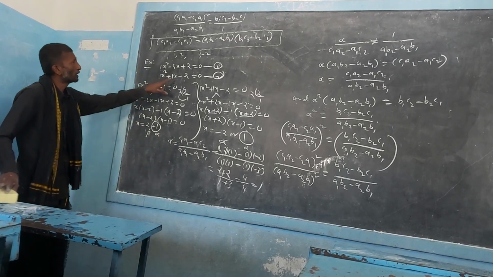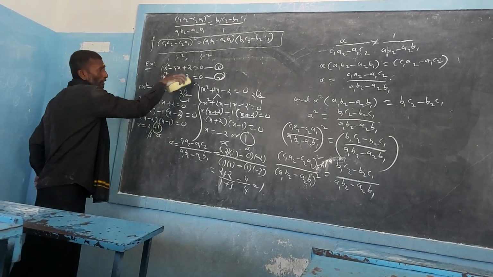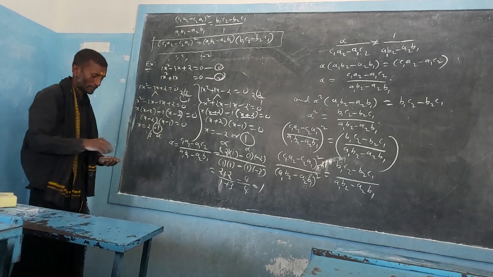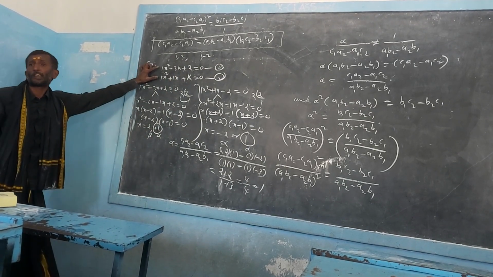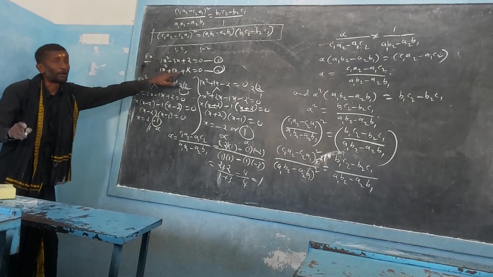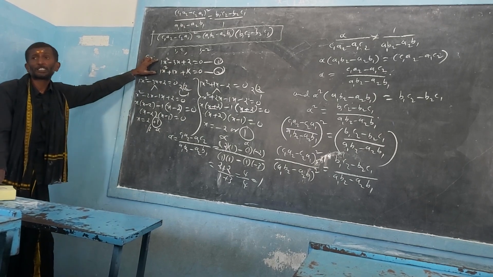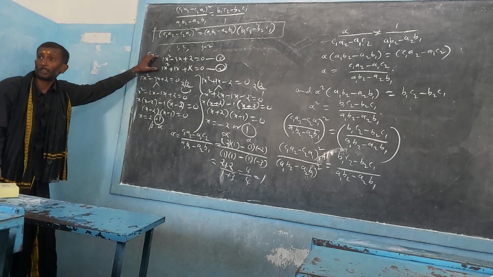Now my question is: just remember this value, minus 2. I want to take the other equation with k. My question is, if both the equations have a common root, then what is the possible value of k? What value of k should be taken?